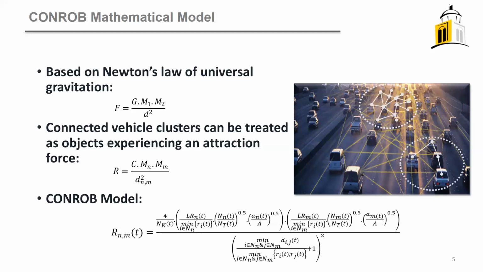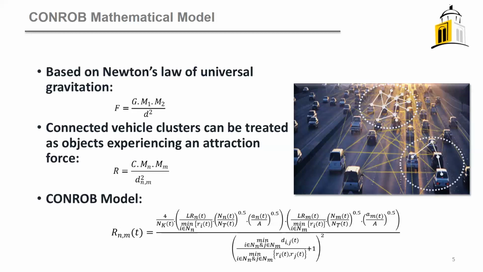So here we looked at these clusters, and we wanted to quantify how the vehicles in one cluster can maintain the communication that they have, and also to quantify the potential of the different clusters to merge with each other into one larger cluster. So we used the analogy, we looked at these two clusters as two masses, and we used the analogy that is in Newton's law of universal gravitation.